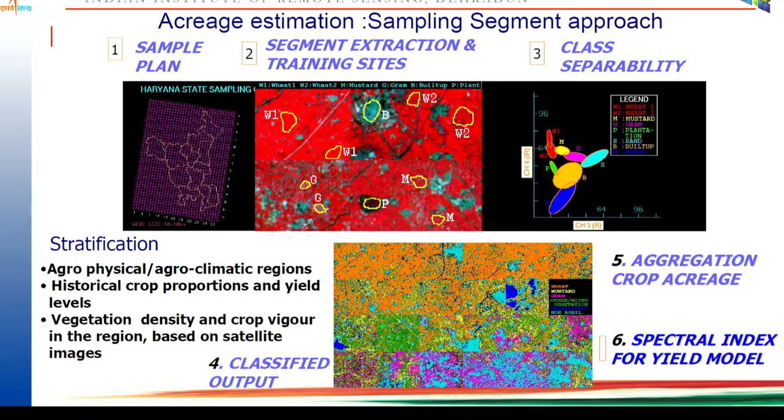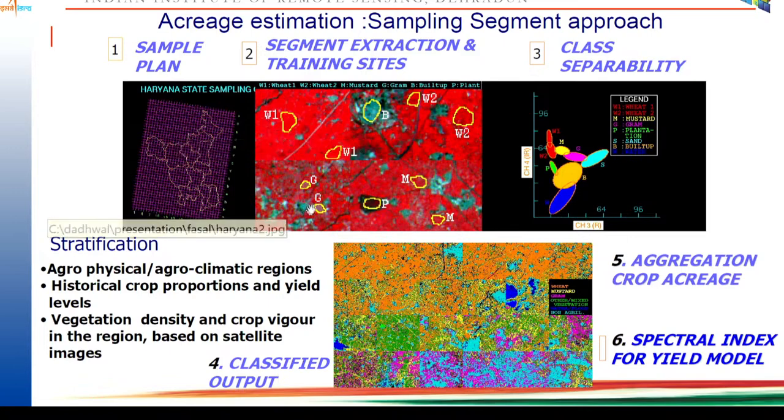After stratifying the whole region, you can do a segmentation procedure, meaning you can overlay a 5 by 5 kilometer or 7.5 by 7.5 kilometer segment grid over the area. Here you can see a 5 by 5 kilometer grid overlaid over Haryana. Then only 10% of those square box segments you can select for acquisition of the satellite image.